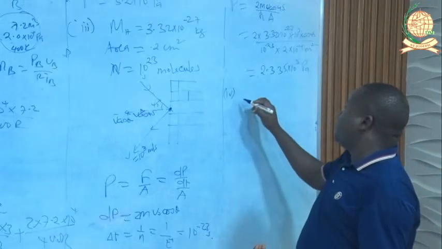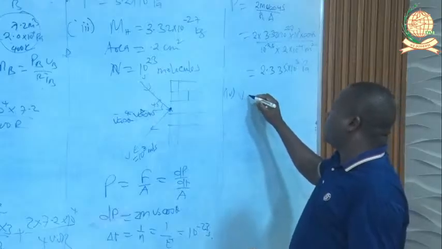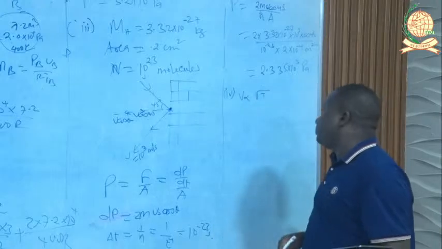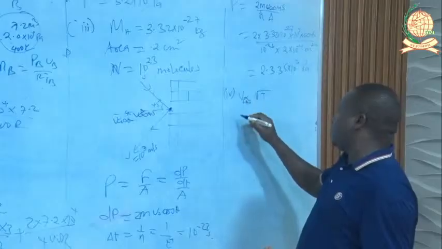So first of all, velocity with temperature, you know that velocity is proportional to the square root of temperature. That is the root mean square.